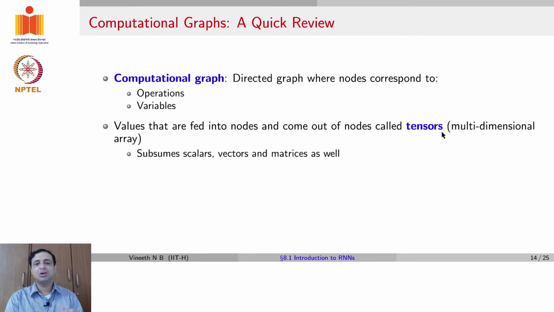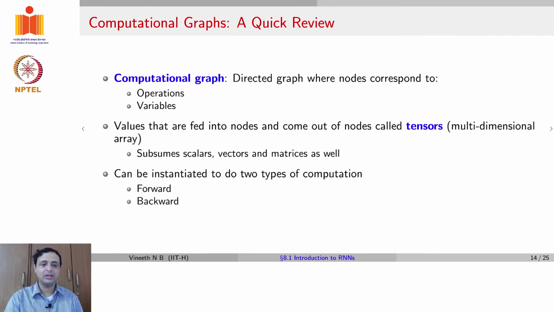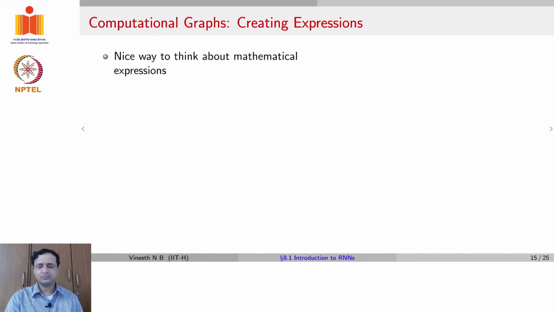A generalization of a matrix would generally be called a tensor. A tensor generally subsumes scalars, vectors, and matrices. Tensor is the more general term to represent these quantities. And as I just mentioned, the computational graph can be instantiated to do both a forward pass through a neural network as well as a backward pass through a neural network.